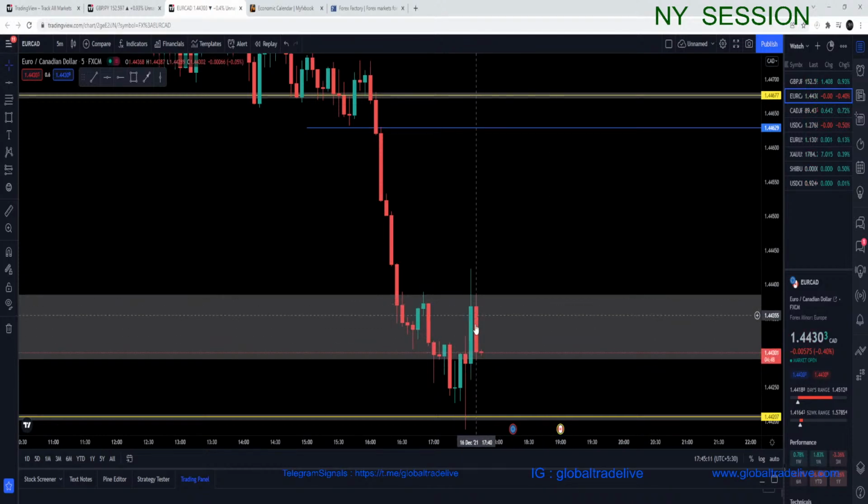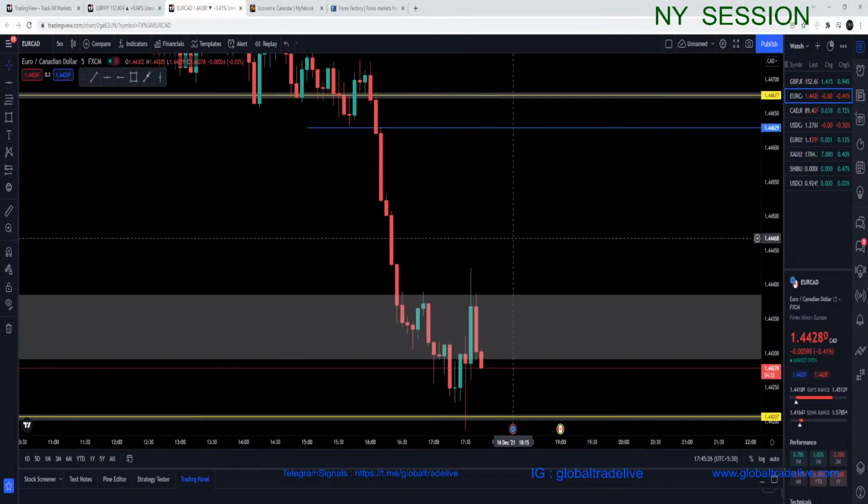So this 5-minute candle closed bearish, but above these bodies over here. Now the current 5-minute candle can wick down, and might be possible that it will move up, break this high to continue moving up.